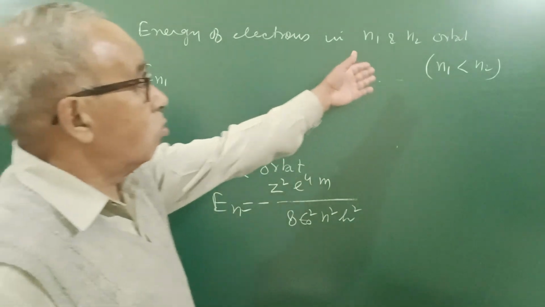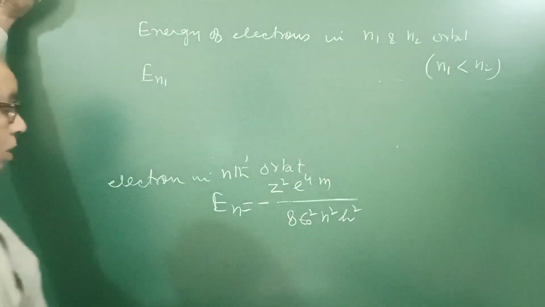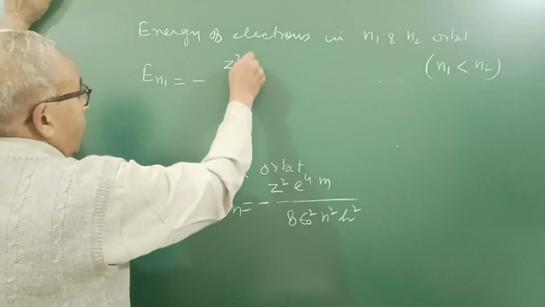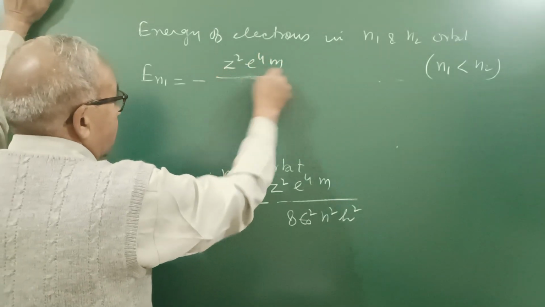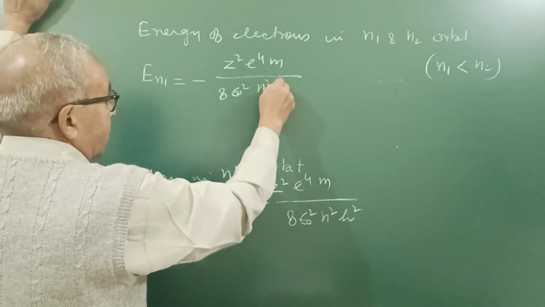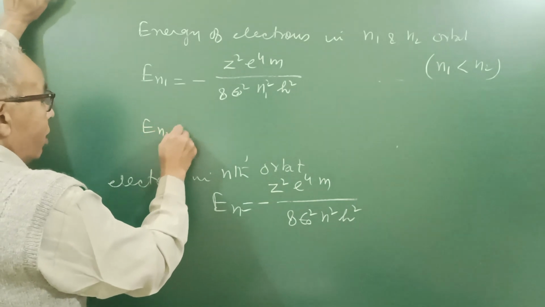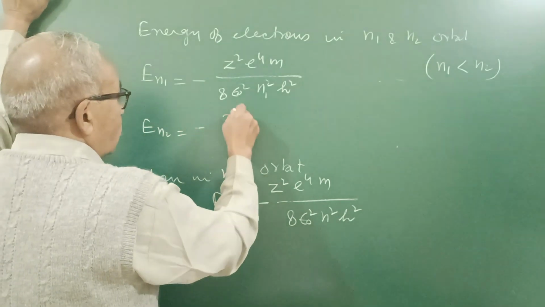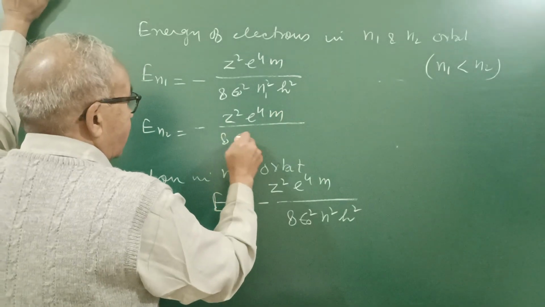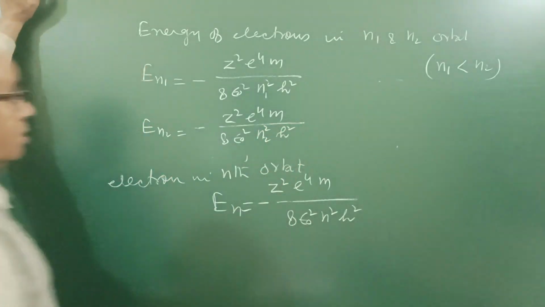The number of the n1 orbit is smaller than n2. So En1 is minus Z square e^4 m upon 8 epsilon 0 square n1 square h square, and En2 is minus Z square e^4 m upon 8 epsilon 0 square n2 square h square.